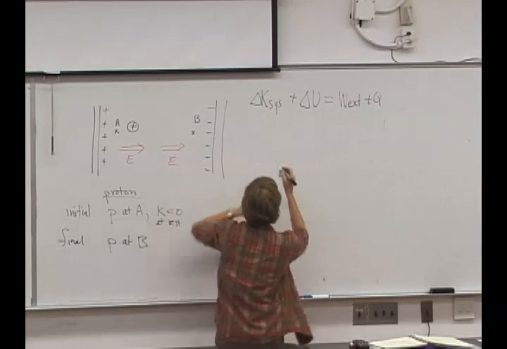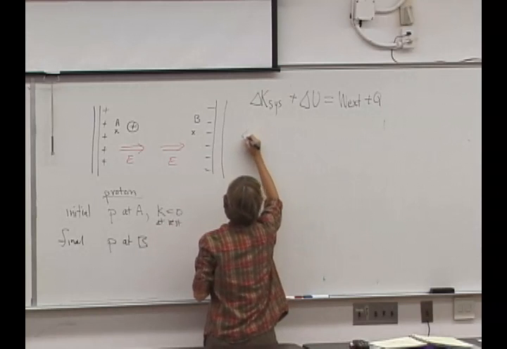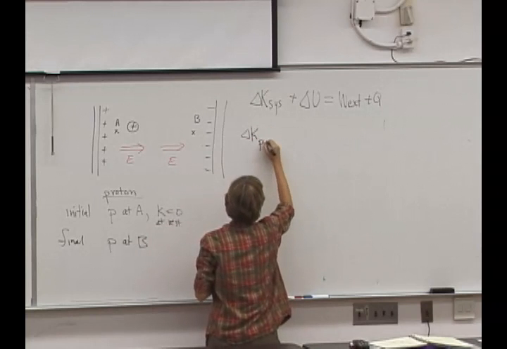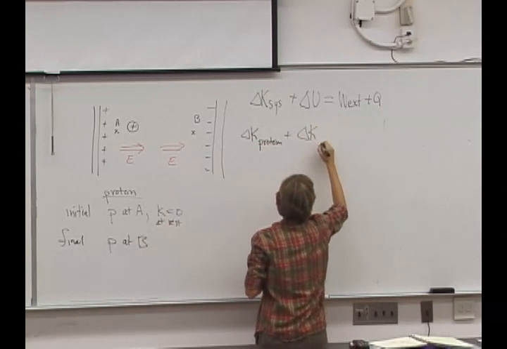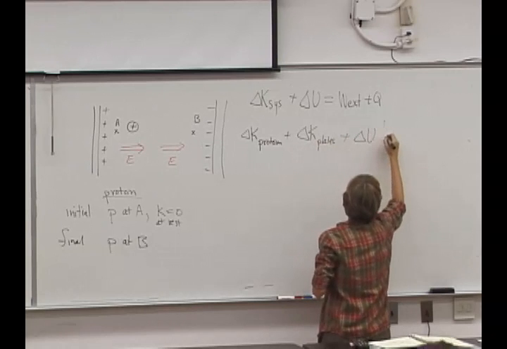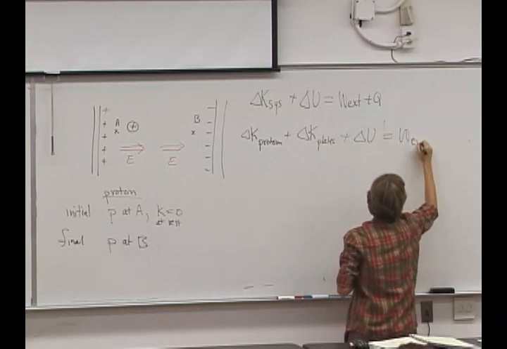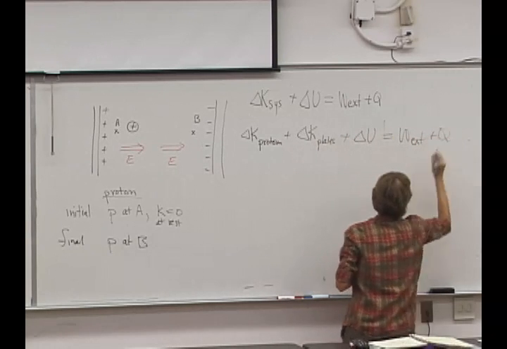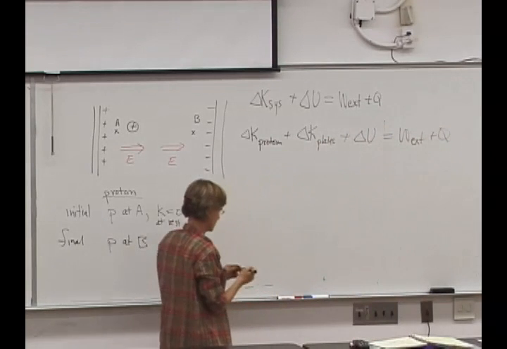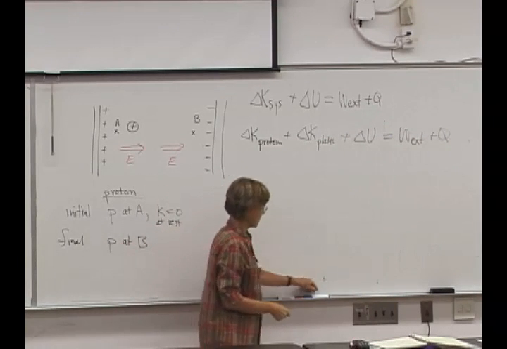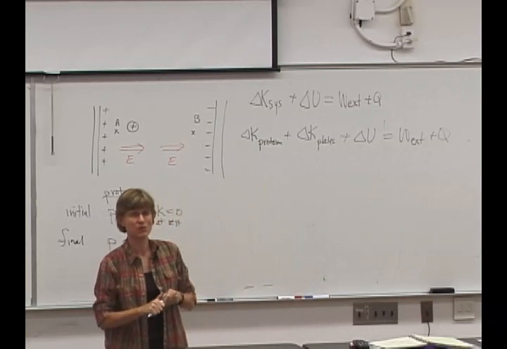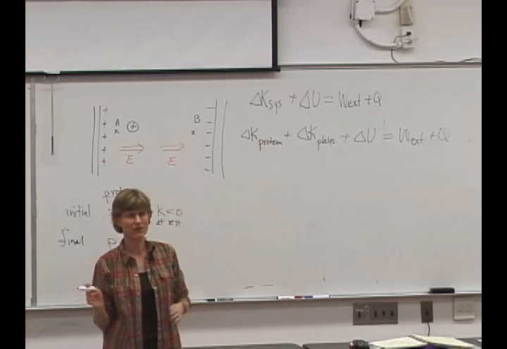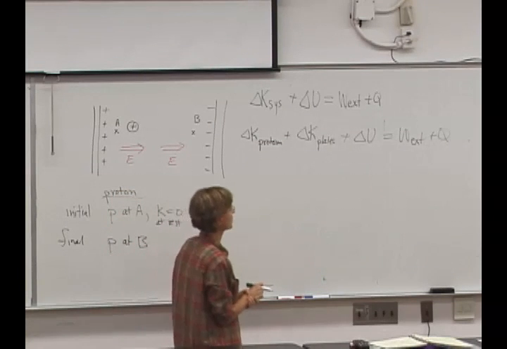So we're going to expand it out and say the change in kinetic energy of the proton, plus the change of kinetic energy of the plates, plus the change of potential energy of the system is external work plus energy transferred into the system thermally. So now let's think about what terms in this equation we can get rid of because they're not very important. They're near zero or nearly zero.